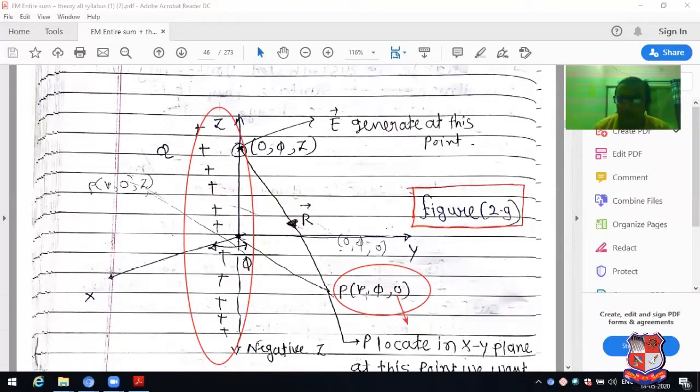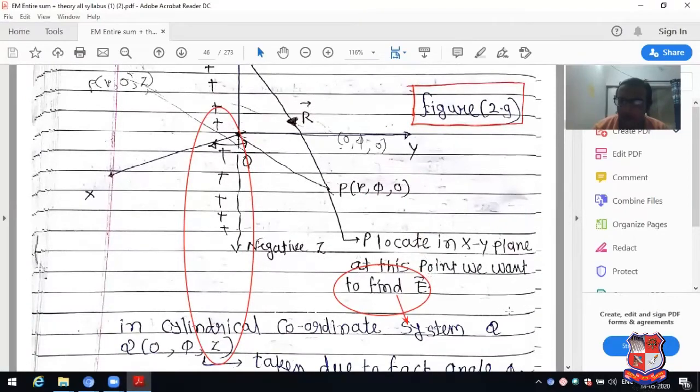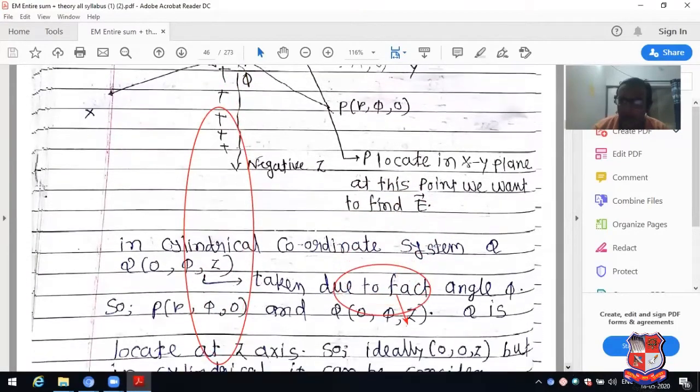So here it can be considered as (r, phi, 0), and here we can consider (0, phi, z). Why? Because it is considered in the cylindrical coordinate system. So point P can be located in the xy plane, and at this point we want to determine the electric field.